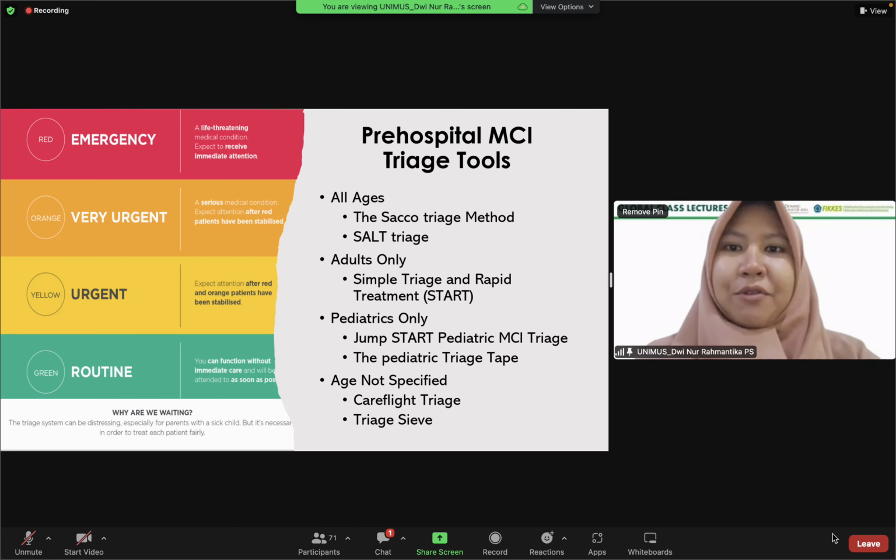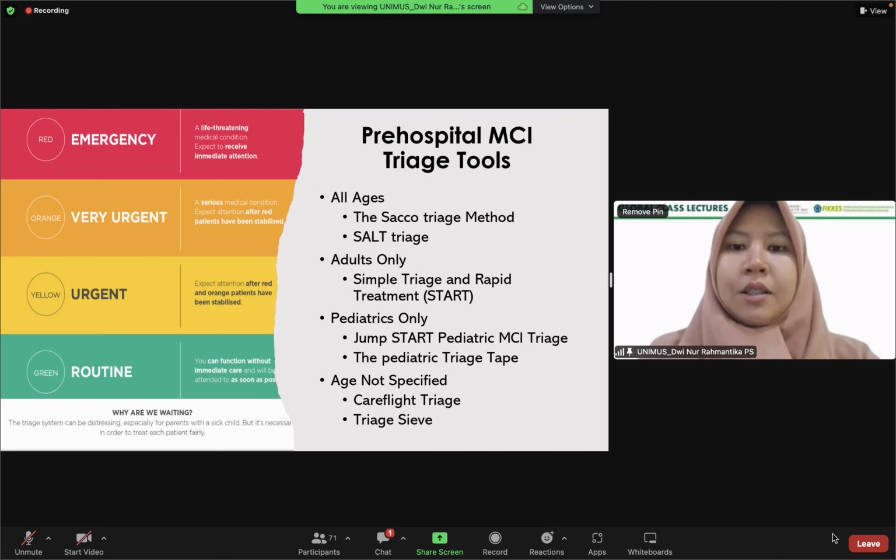But for victims of a disaster, it's not only pediatrics, right? We have a large range of ages. For all ages, we can use the Sieve triage method. I already put an example in this slide. And then we also use SALT triage.